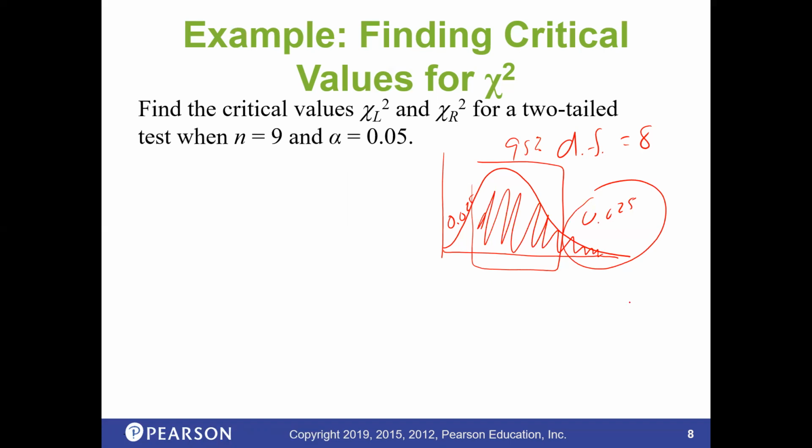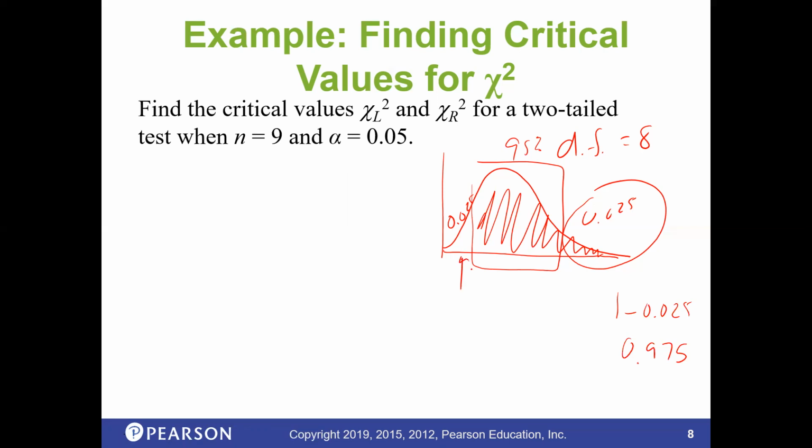What's 1 minus 0.025? Yeah, this is 0.975, right? Okay, so we're looking for those values.